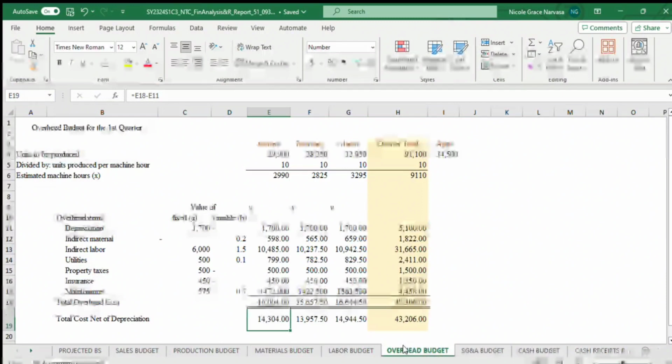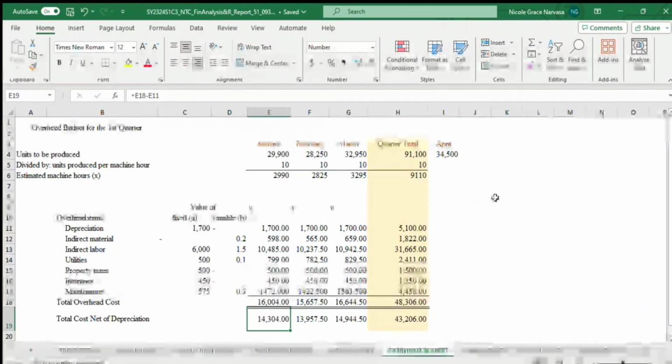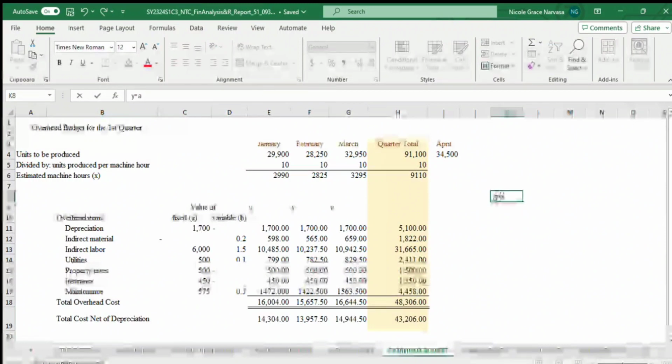So the overhead is a part of manufacturing costs. We will use an algebraic expression to compute this, which is Y equals a plus bx. Y equals a plus b times x.